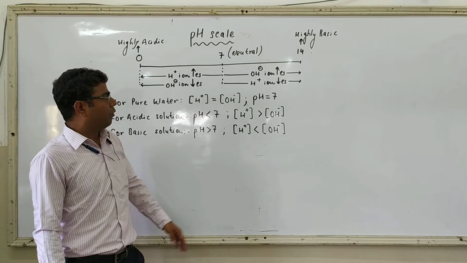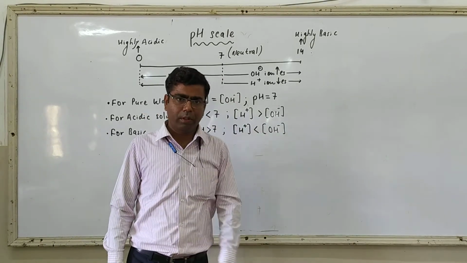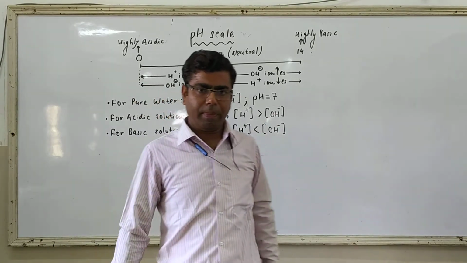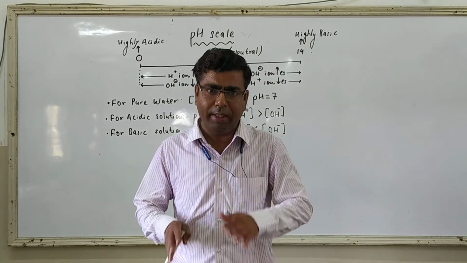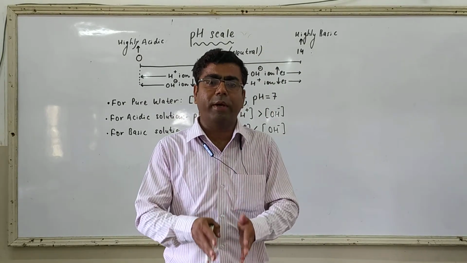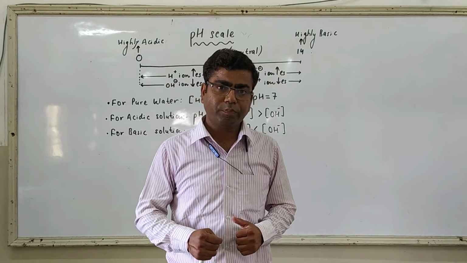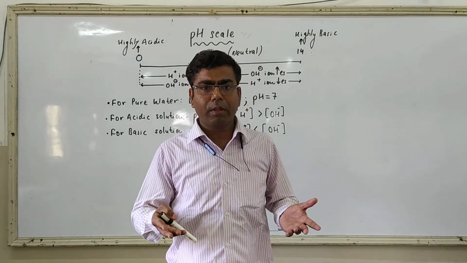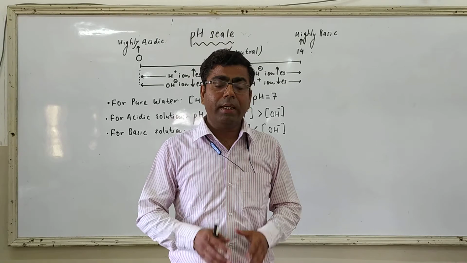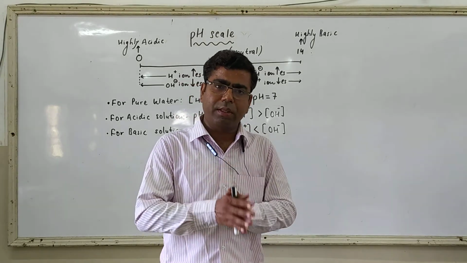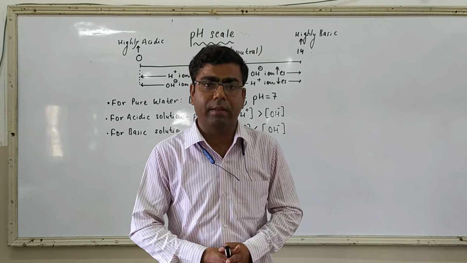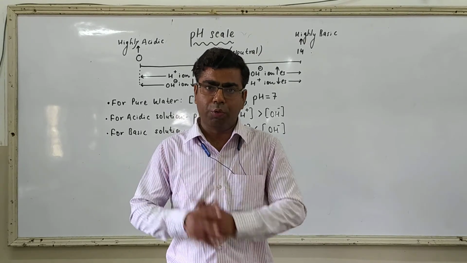Now if we start moving from 7 to 14, we are moving towards right, then the concentration of H plus ion will decrease while the concentration of OH minus ion will increase. We know it very well that the basic character is directly controlled by the concentration or amount of OH minus ion present in the solution.